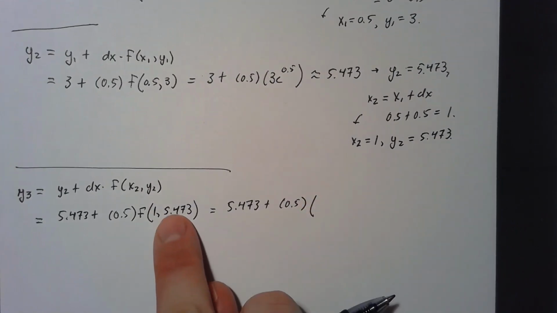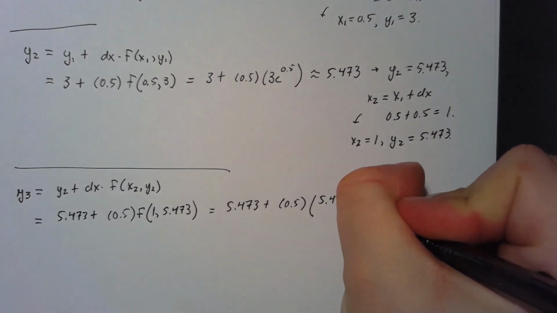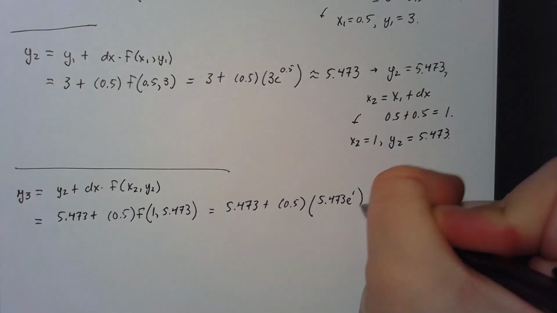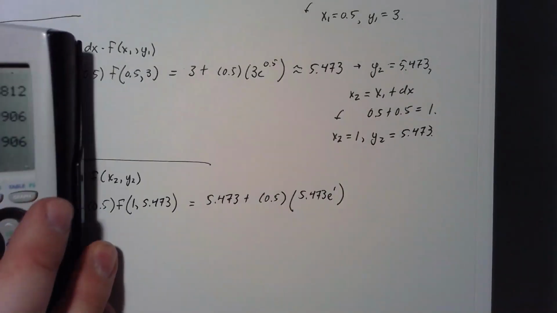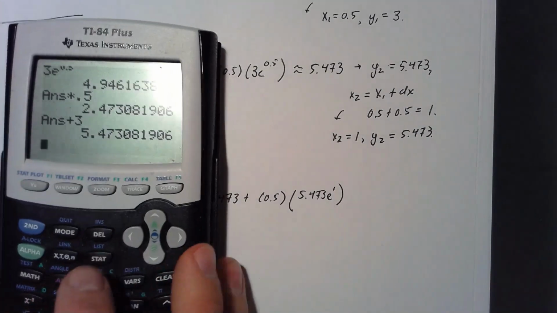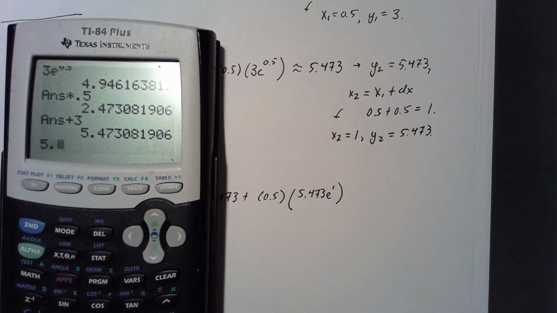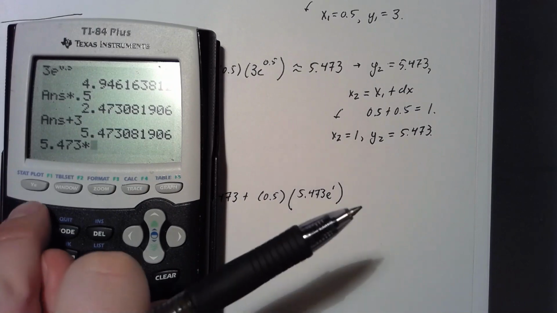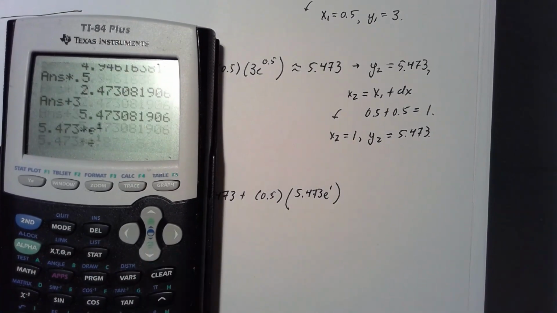Well, y is 5.473 times e to the x. Well, x is 1, so that's going to be e to the first power. All right, so whip out your calculator here. So 5.473 times e, and I'm going to use the approximation because that's what we're doing, and that times e to the first.